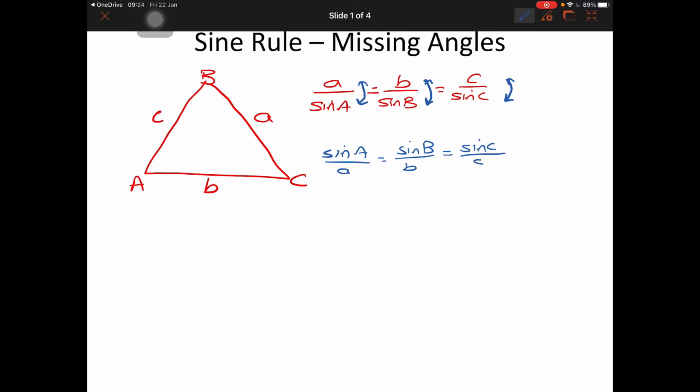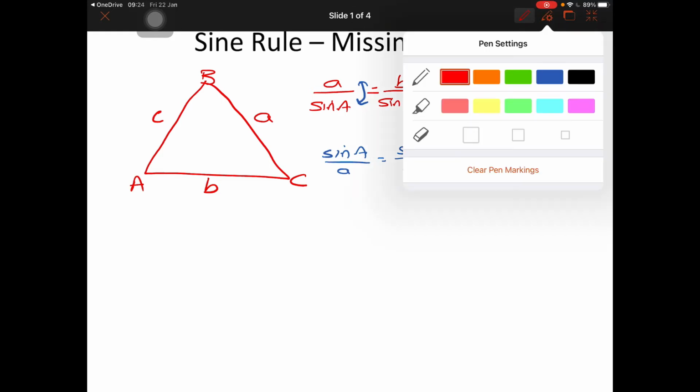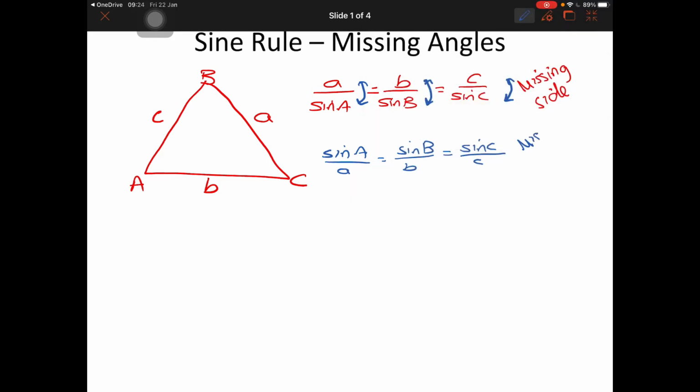Okay, so we've got one version to find a missing side, that's what we did last lesson, and we have one version to find missing angles. Now you can use each version to find the other one as well. It just makes our life a little bit easier if we use each version to find the missing part. It just stops us having to do quite so much rearranging.